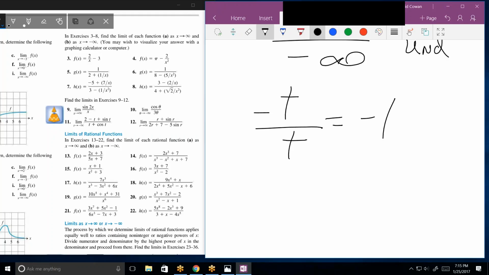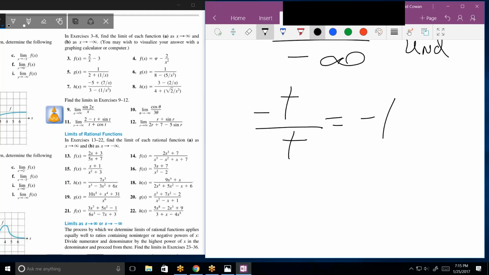Yes. The only thing you care about are the highest degree. You don't care about that x squared or x or 7 in the bottom. You can just cross those out and deal with 2x cubed divided by x cubed. And that goes to 2. And it doesn't matter whether x is going to negative infinity or positive infinity. It's still going to go to 2.